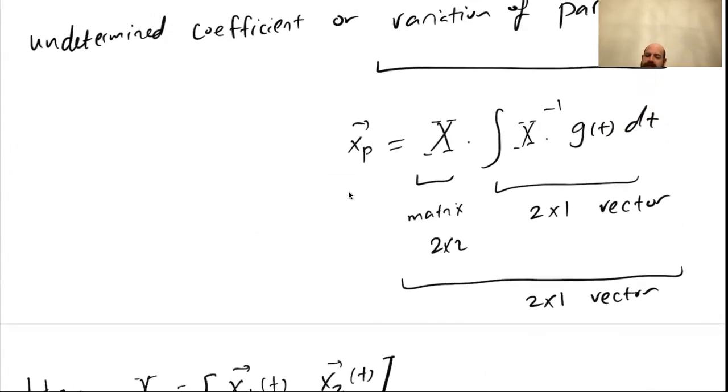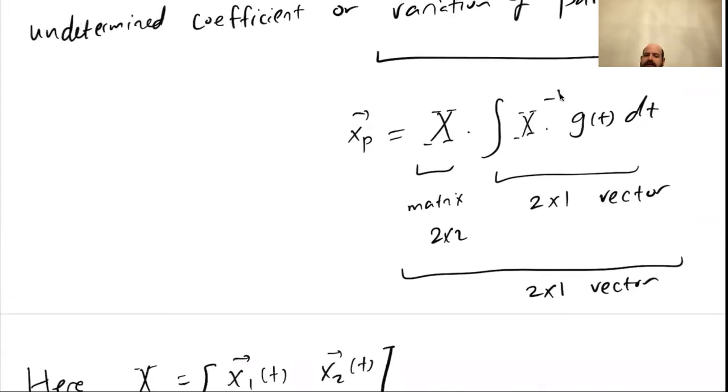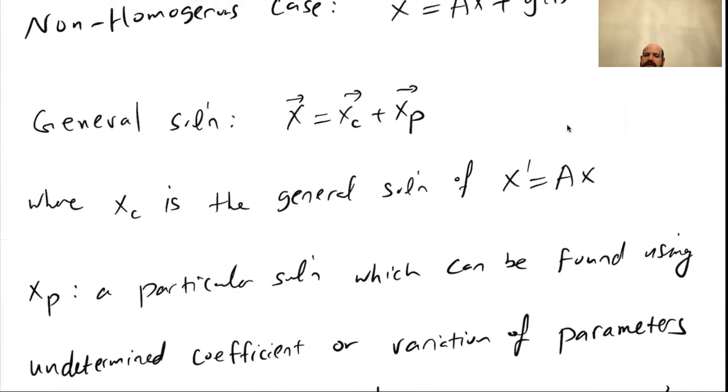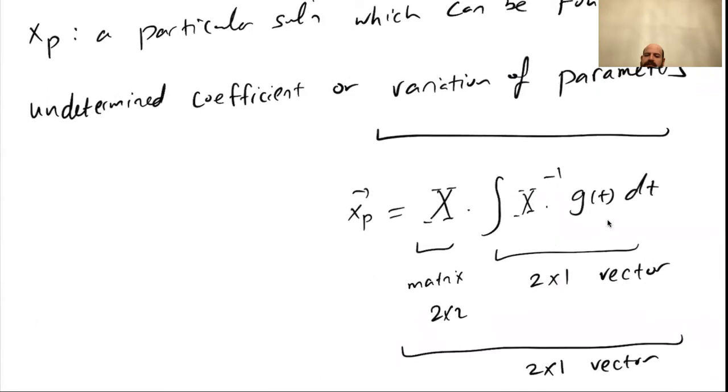And then this matrix capital X will be invertible. Why will it be invertible? Because we know that a matrix with linearly independent columns is always invertible. You saw this in Math 252 linear algebra. So capital X is invertible. Once you find capital X inverse multiplied with g of t, which is a vector, then this will be a vector and also a function of t.